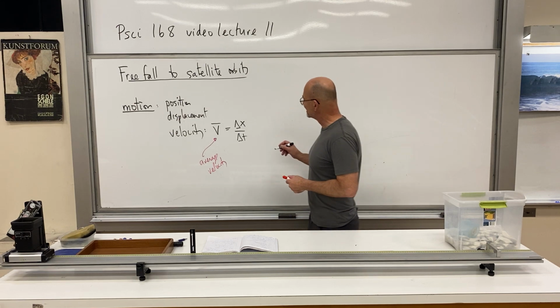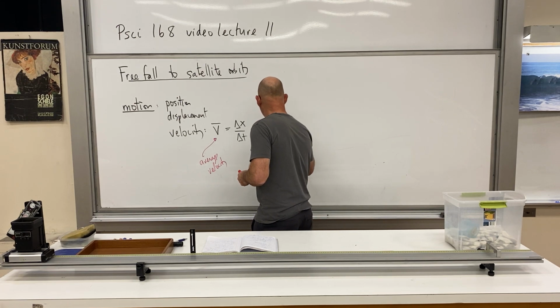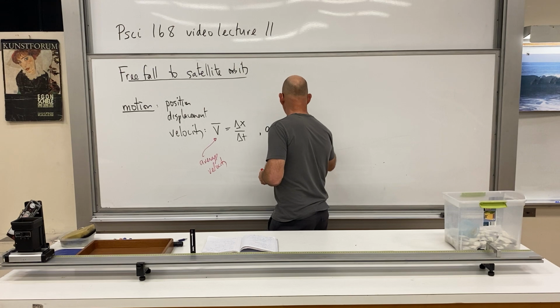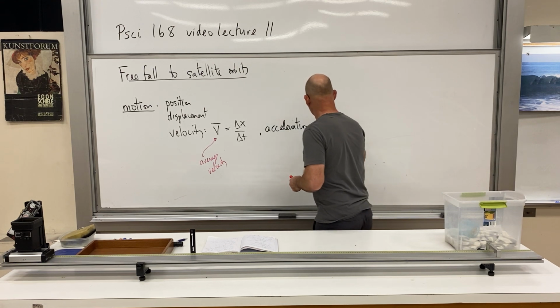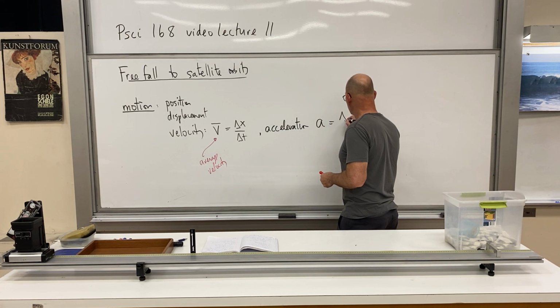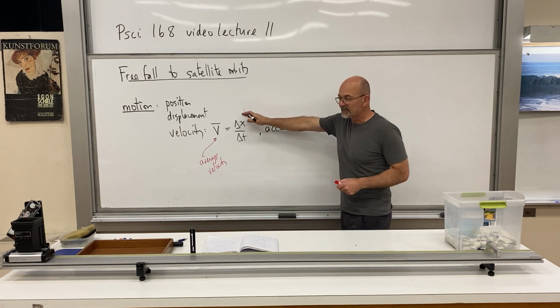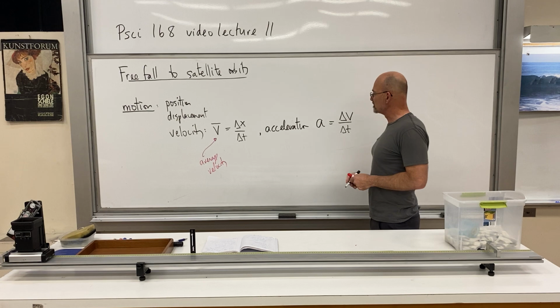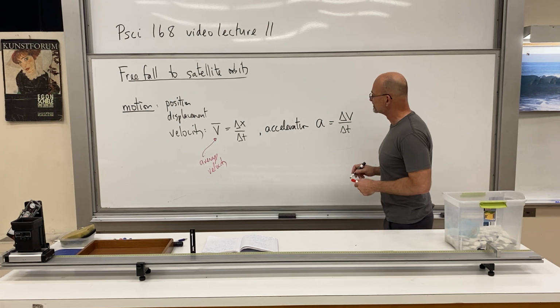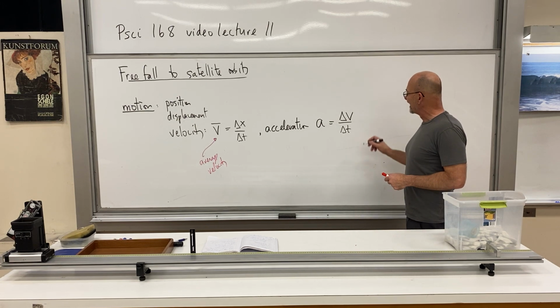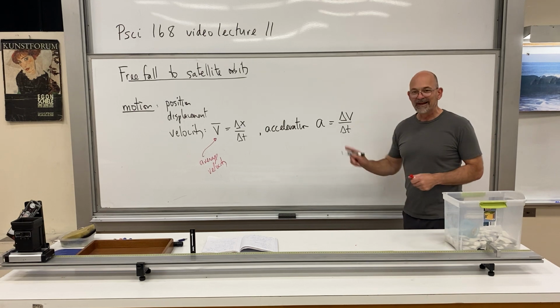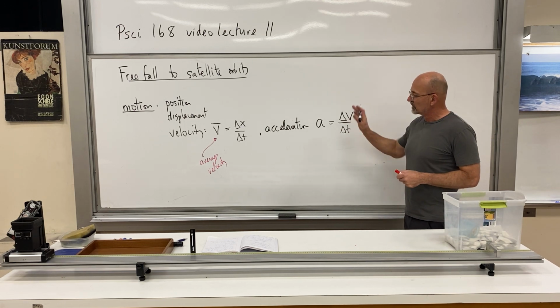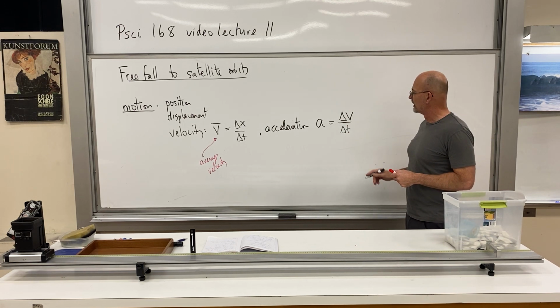Then we had acceleration. And that was just building the concept the same way we did this one, the change of velocity over the change of time. And the units of acceleration were meters per second squared. So review this.